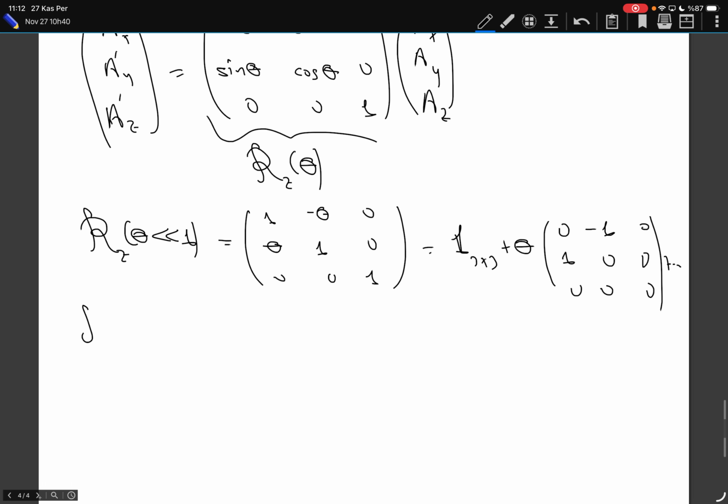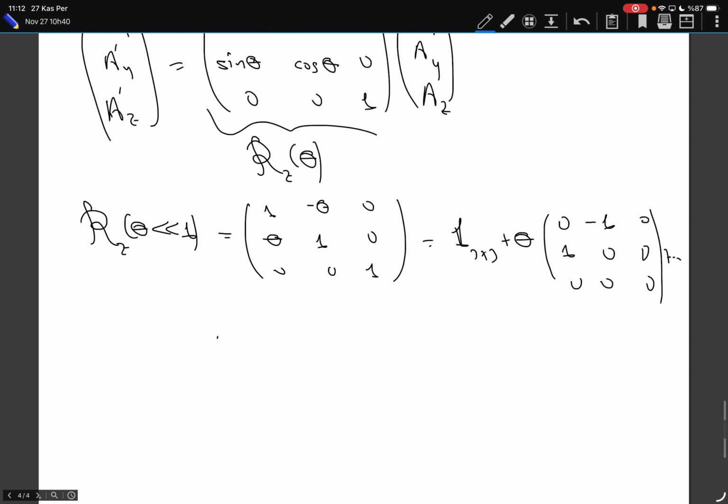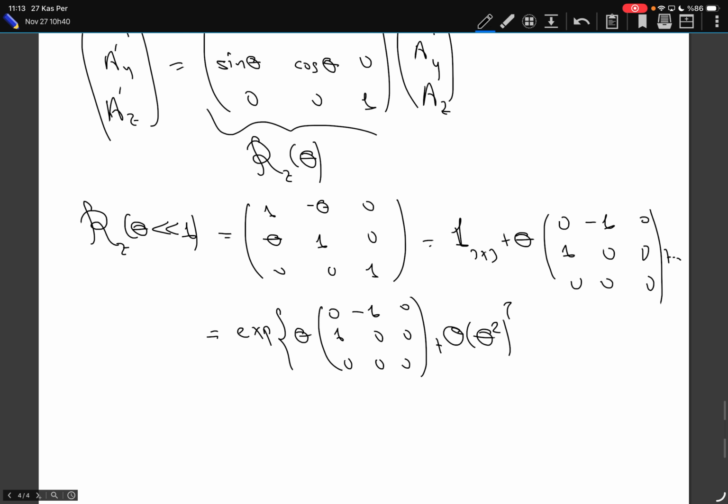This is equal to the exponent of theta times that matrix, plus terms of the order of theta squared.